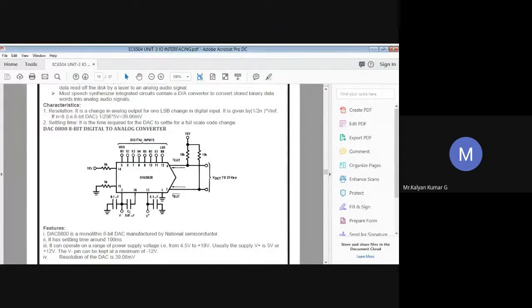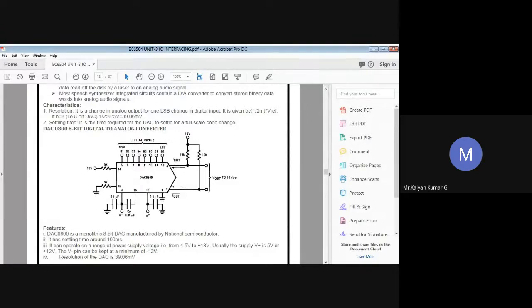We have V plus and V minus, pin number 14 and 15, which means positive and negative power supply. We have COMP, the compensation voltage, which I'll explain during the conversion process. Then VLC, pin number 1, the threshold control pin.